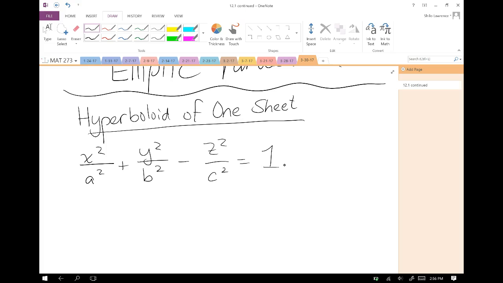X squared over a squared plus y squared over b squared minus z squared over c squared equals 1. XY trace, let z equal 0. We've got an ellipse.